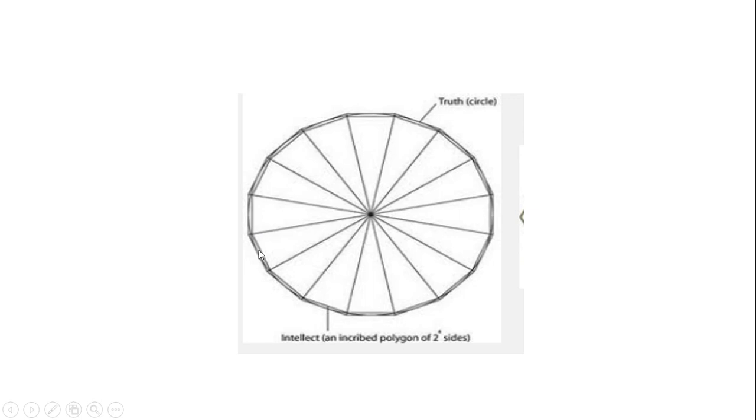So we'll find the perimeter of that polygon: find one side, multiply it by the number of sides, and that's the perimeter. Then find the diameter of the circumscribed circle.